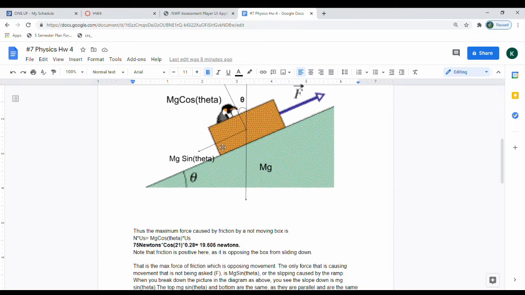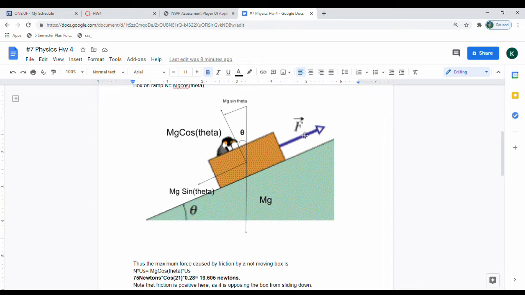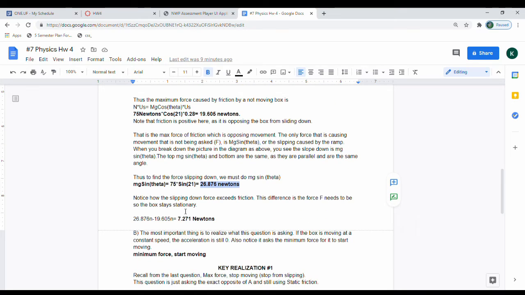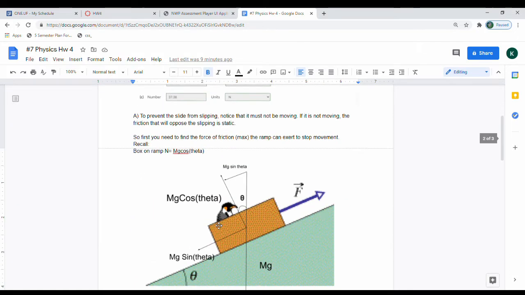Notice that the force going downwards, the friction force would be going up because friction always opposes movement. So this force F right here plus the friction force needs to equal mg sine theta. So we need to find the difference between the force that's pulling it down and the friction. If you just subtract, you get some number around there, and that's A.